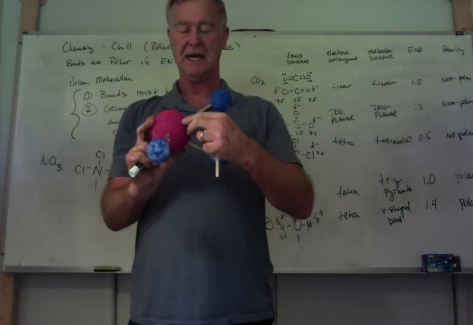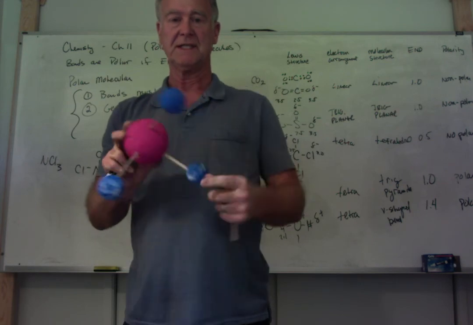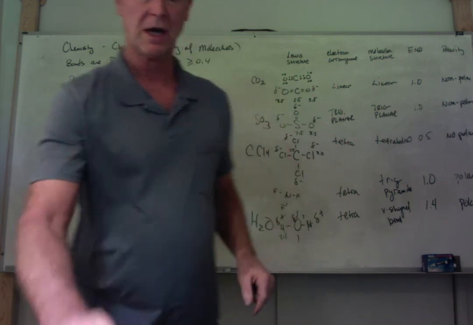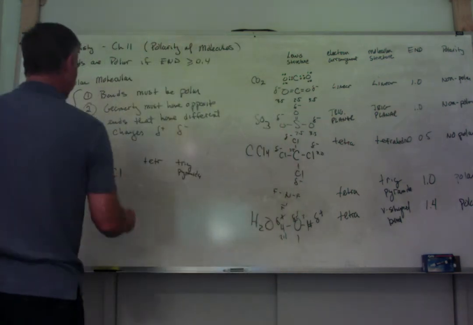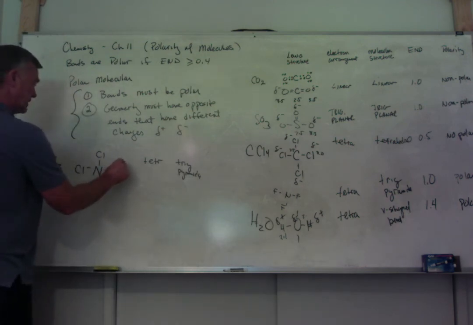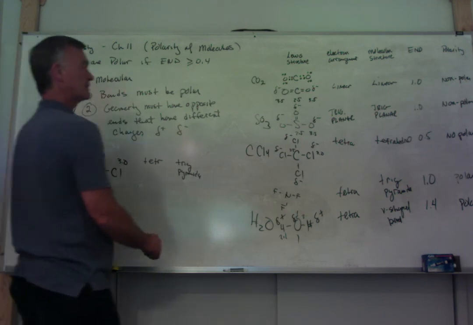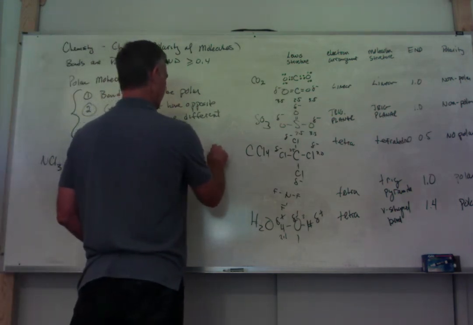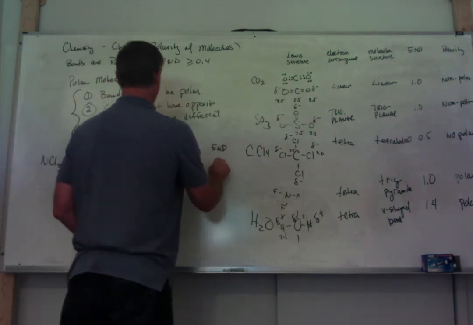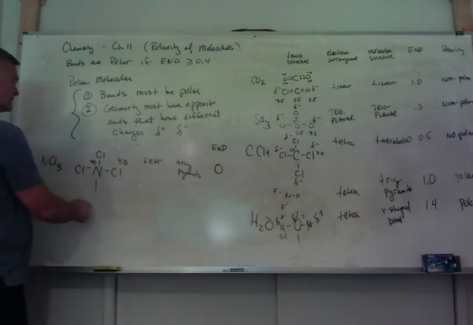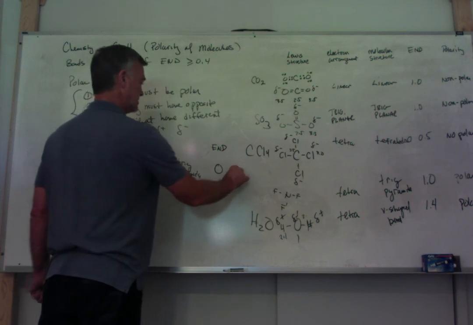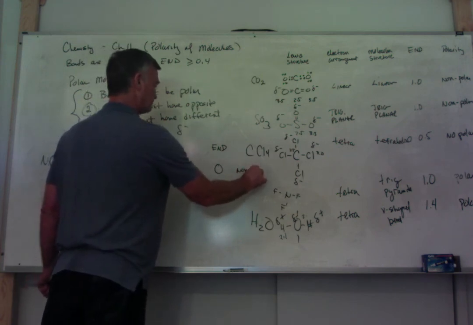It's got an end down here that's different from the end up here. Unfortunately, chlorine is 3.0 and nitrogen is 3.0. What's our electronegativity difference? Well, the electronegativity difference here is 0. So even though it has the right shape for a polar molecule, it is considered to be nonpolar.